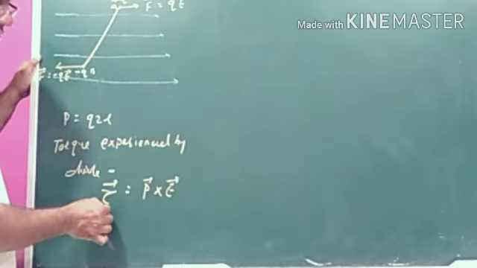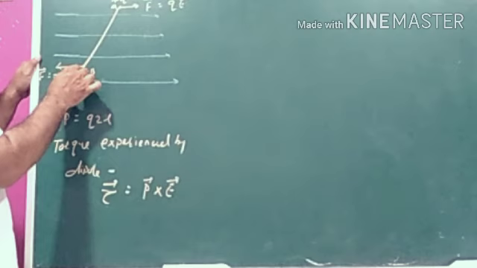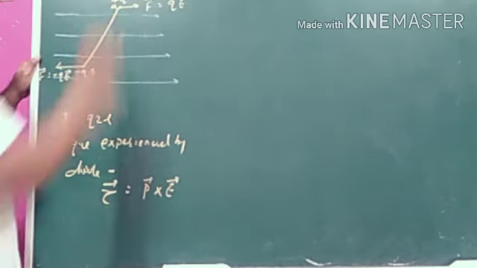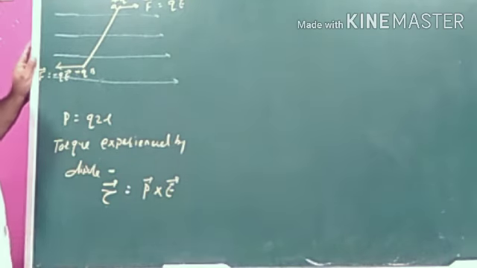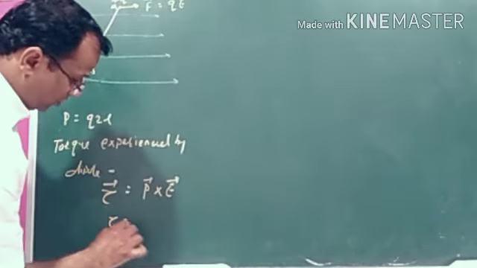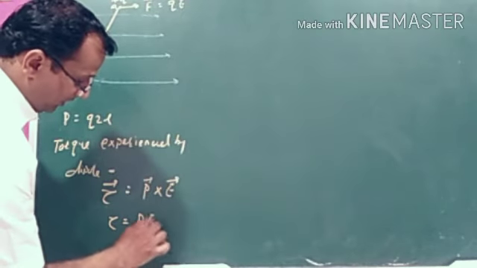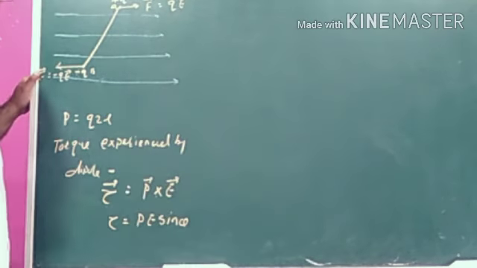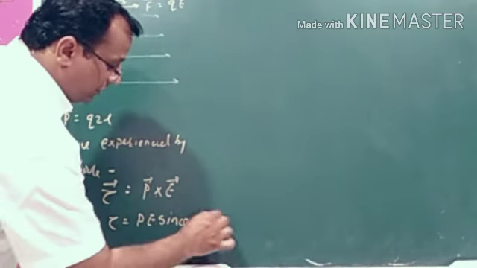So this much torque is acting on the electric dipole by the external electric field. In terms of magnitude, tau is equal to P E sin theta. Why sin theta? Because of the cross product. Suppose this is equation number 1.